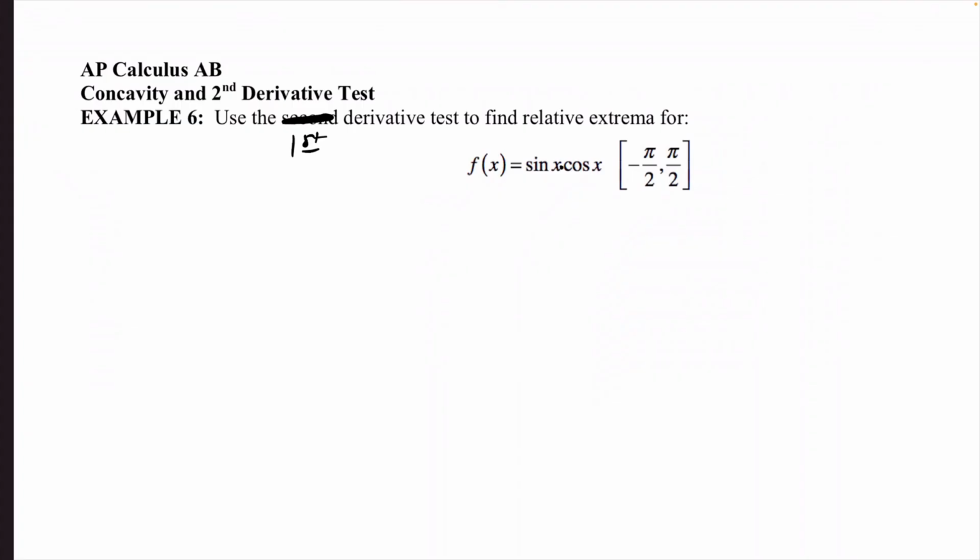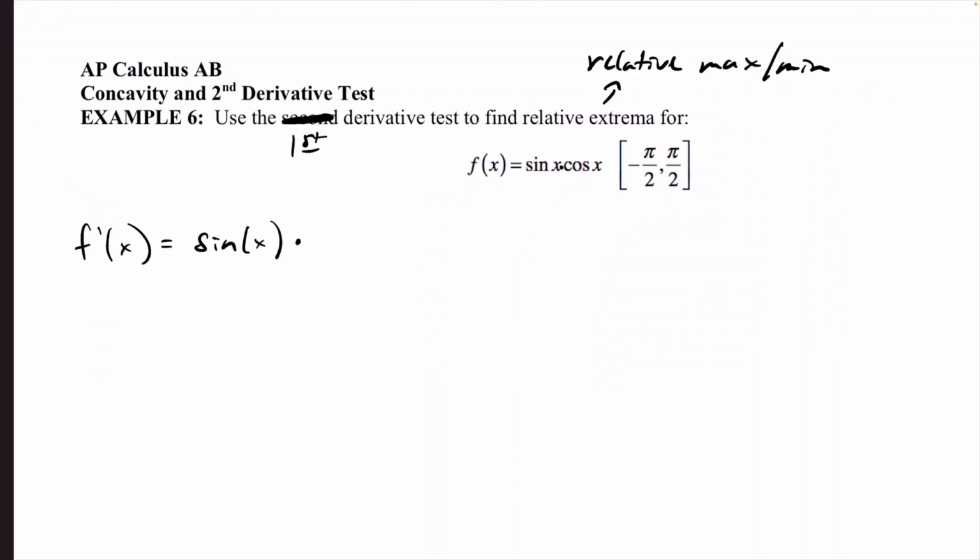Okay? So essentially, we're just doing what we just did. Relative extrema means relative max and min, right? That's what that means. First derivative. So it's sine of x times cosine of x. Product rule. So the product rule says the first times the derivative of the second.